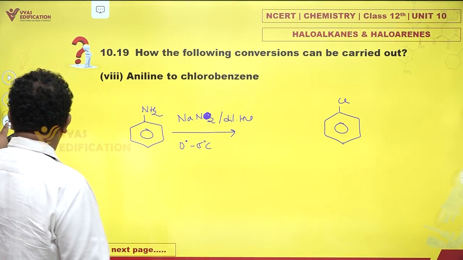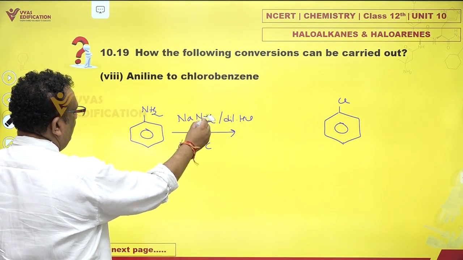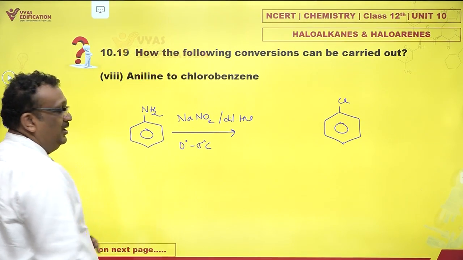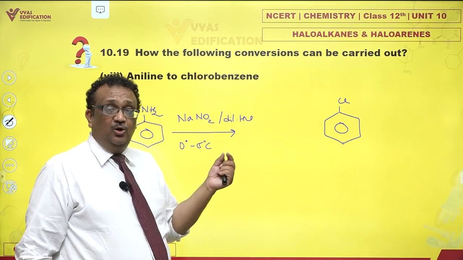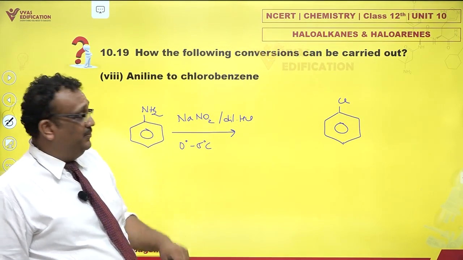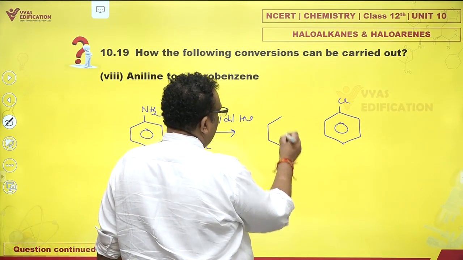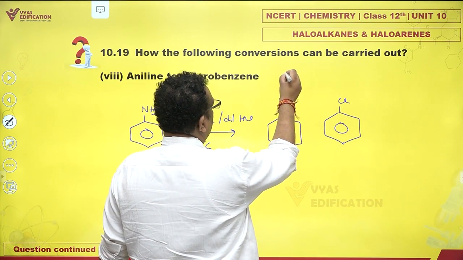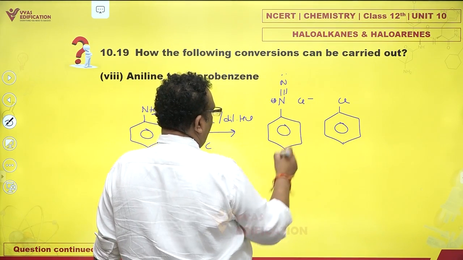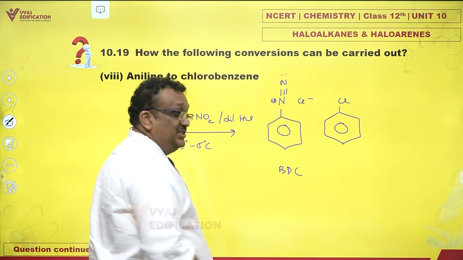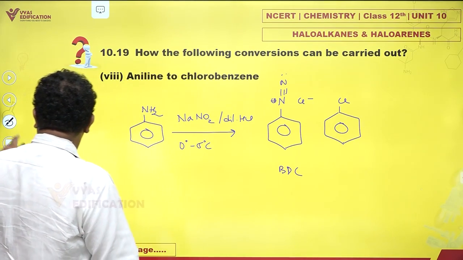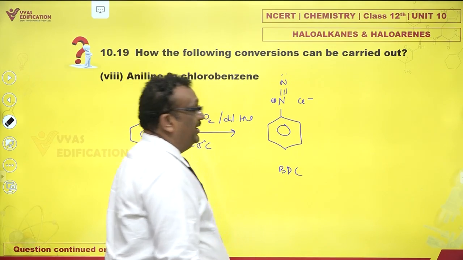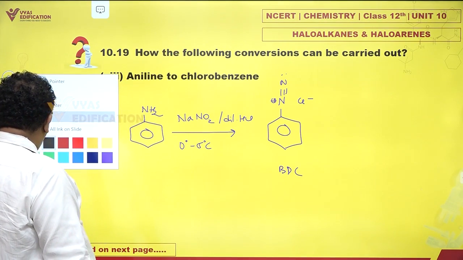The moment you have NaNO2 or sodium nitrite, what happens? You get HNO2. HNO2 reacts with NH2 group, primary amines, and it forms a very classic compound, benzene diazonium chloride, BDC. Benzene diazonium chloride. And now it appears that your assignment is to change this BDC to chlorobenzene.